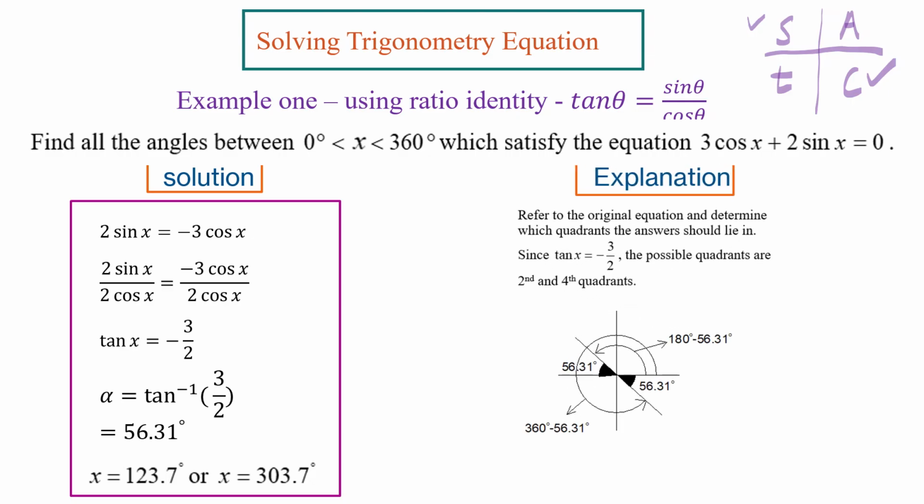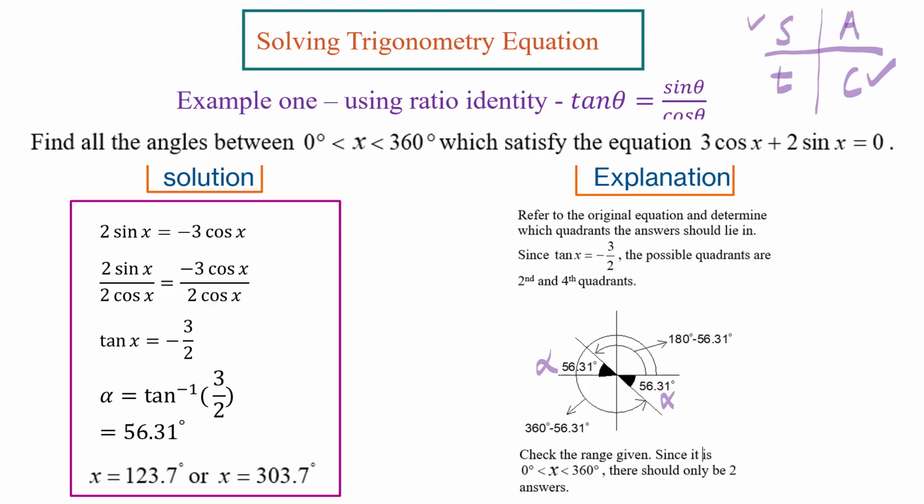Right, this is how we do it. As explained just now, the value for your tangent ratio is a negative. So the possible quadrants are at the second and the fourth quadrants. So to get the answer at the second quadrant, we would use 180 minus alpha. And to get the answer in the fourth quadrant, we use 360 minus alpha.